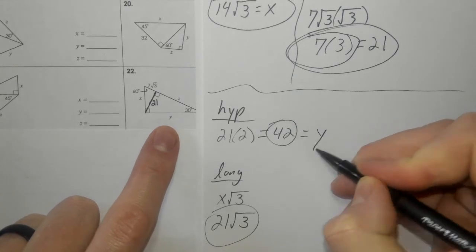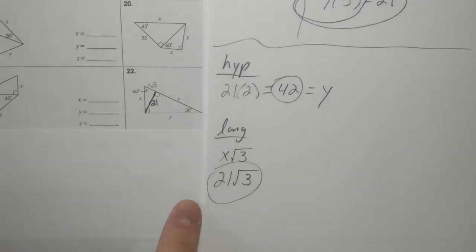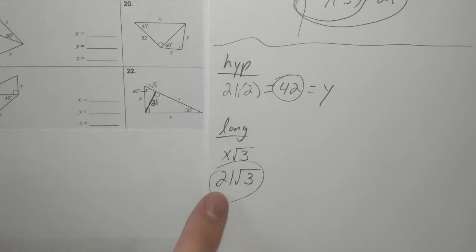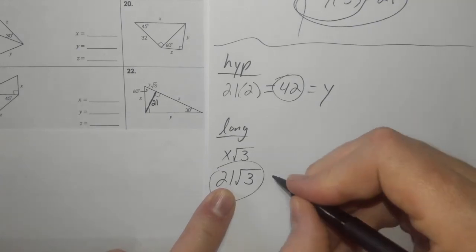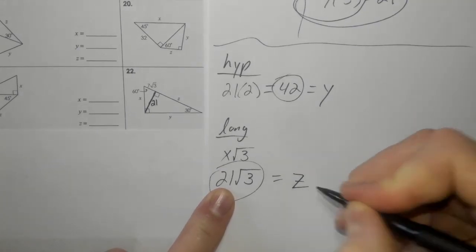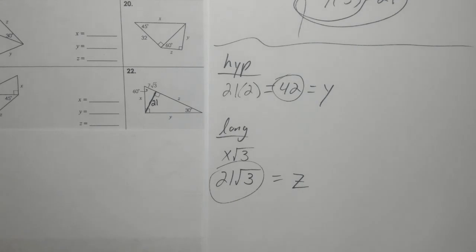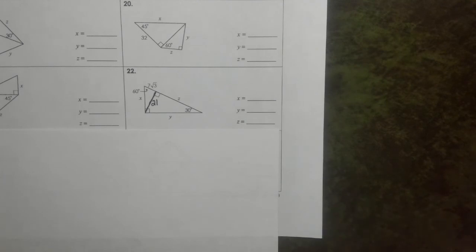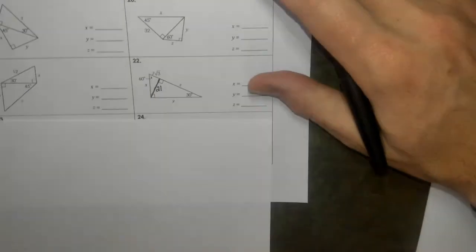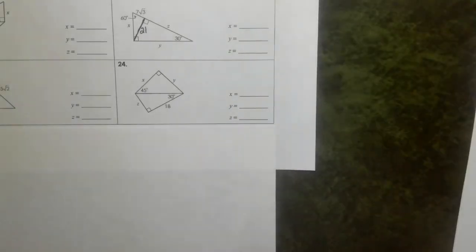That's actually y in the problem. And then the long leg, we just plugged in 21 for x. X times the square root of 3 translates to 21 times the square root of 3, which in this problem is z. Okay, so we'll do one more, and then I'm going to move on to some new content. All right, let's check out number 24.